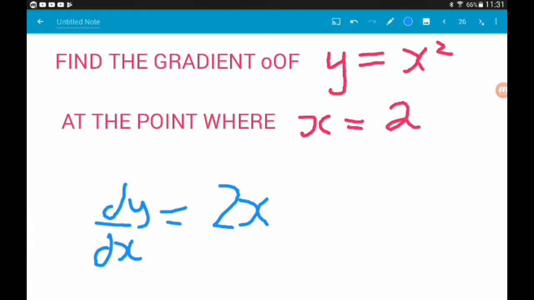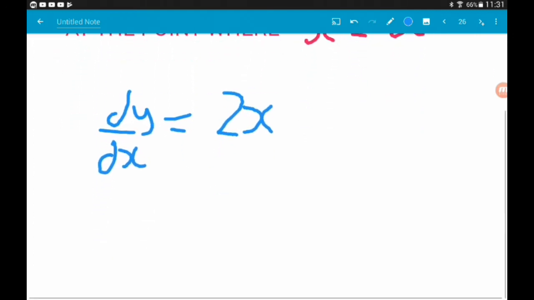Remember, what that tells us is a general function that enables us to work out the gradient at any point where we know the x coordinate. So if we want the gradient where x is equal to 2, all we do is substitute x equals 2 into this.